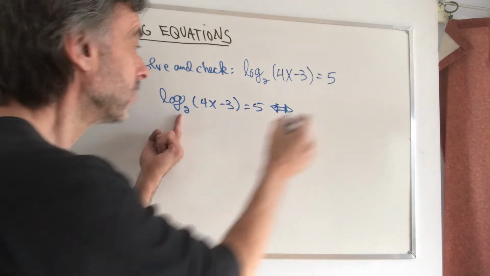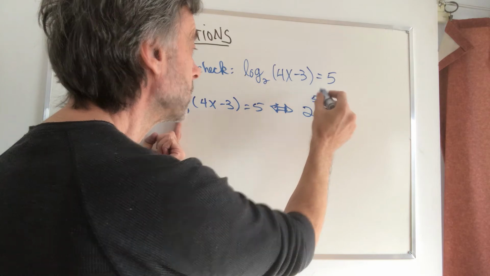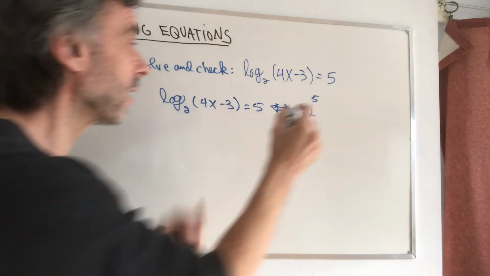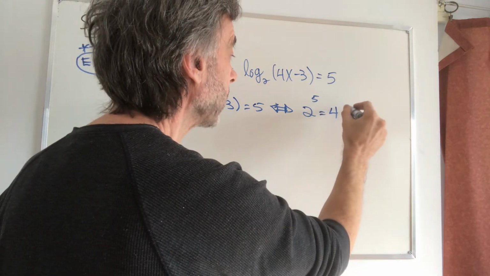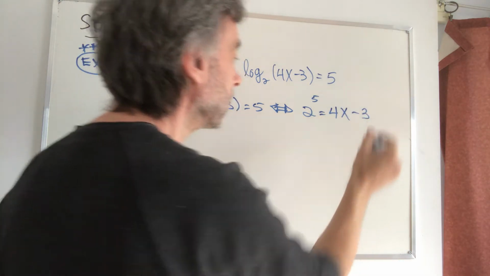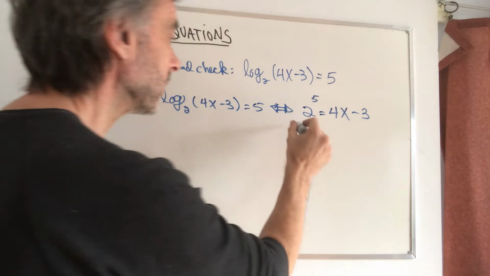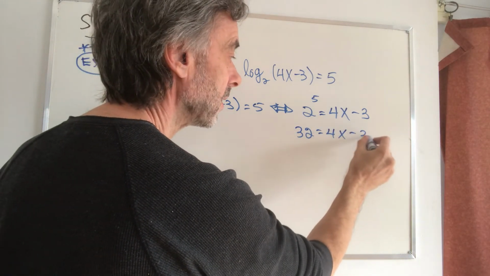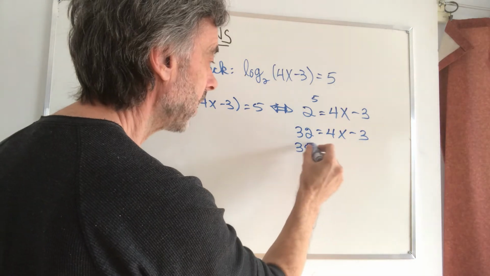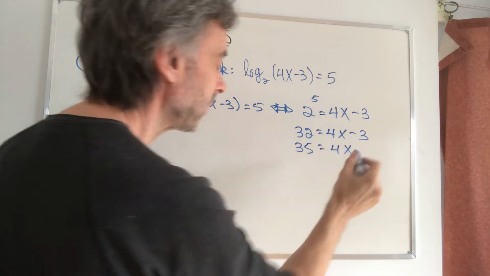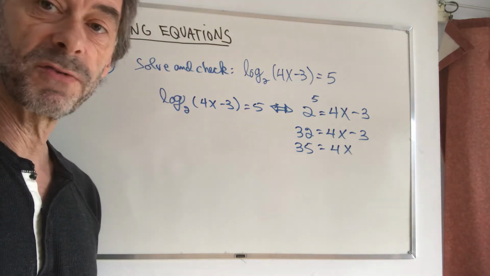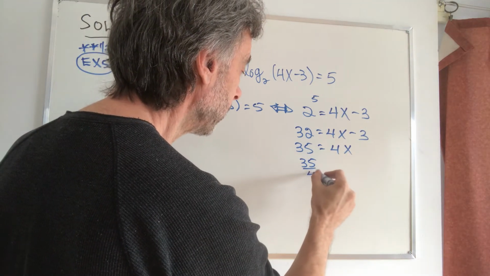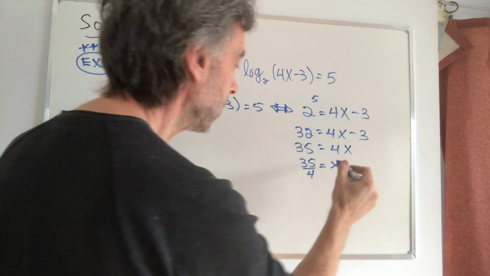Remember the mnemonic? 2 to the 5 equals the inside of the log, 4x minus 3. Okay, so that's 32 is equal to 4x minus 3. Bring the minus 3 over, it becomes plus 3. So 35 is equal to 4x. And 35 over 4 is equal to x.